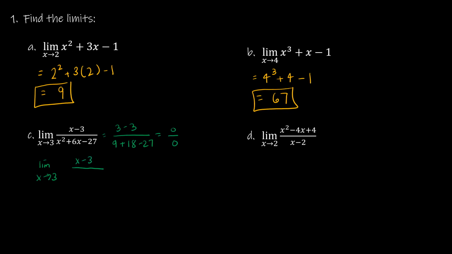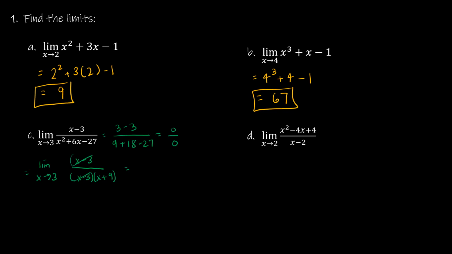Notice I have to rewrite the limit as x approaches 3 because I don't get rid of that until I actually substitute the 3 in. If I rewrite x squared plus 6x minus 27 in a factored form, that's x minus 3, x plus 9. So hopefully we're all remembering how to factor.